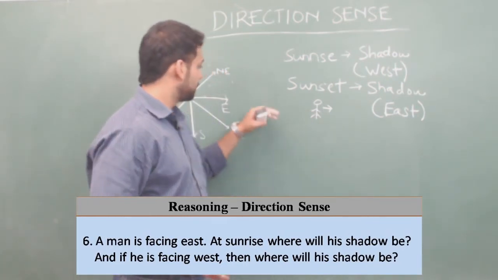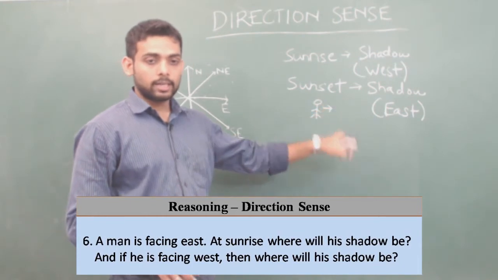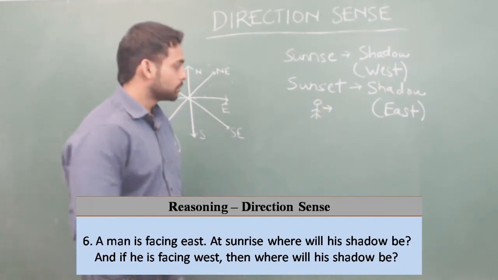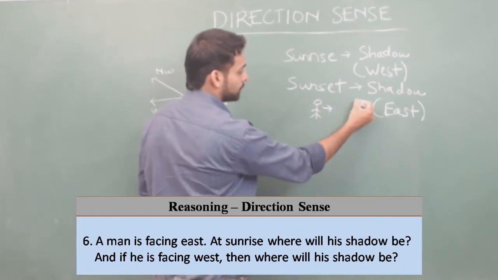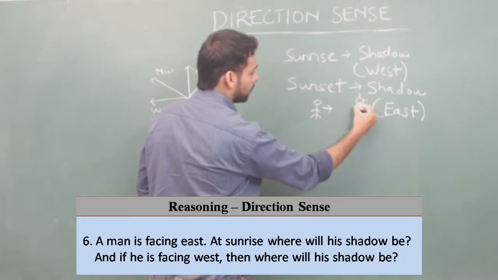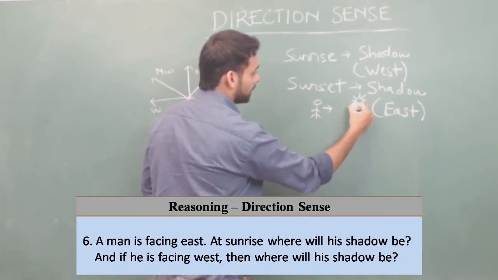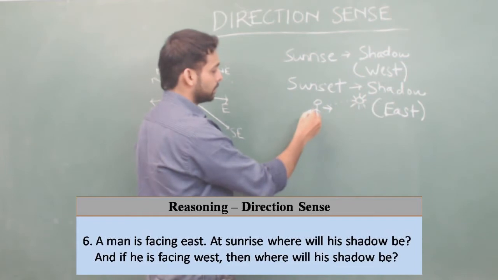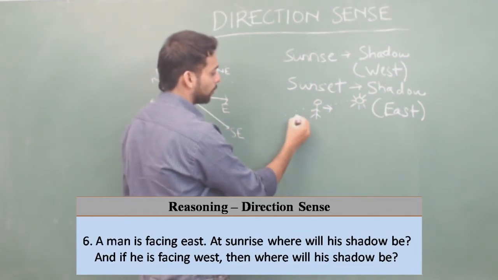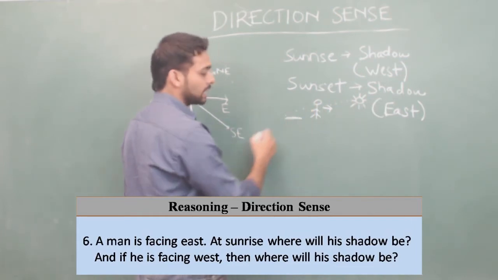So we see that a man is facing east. He is standing facing the eastern direction. At sunrise, where will his shadow be? So the sun will also rise from the east. The sun will rise from this side, and the shadows will fall behind him. The shadow will fall over here. This will be the shadow area.